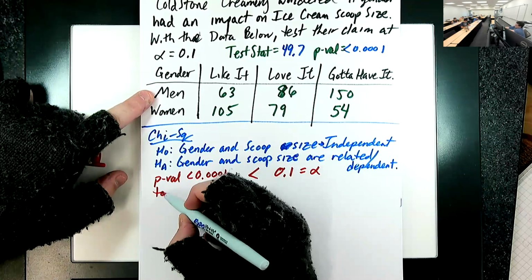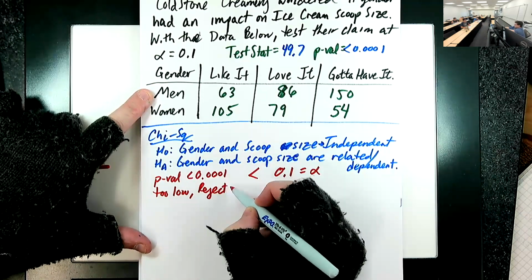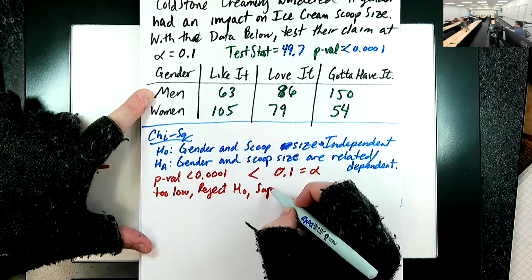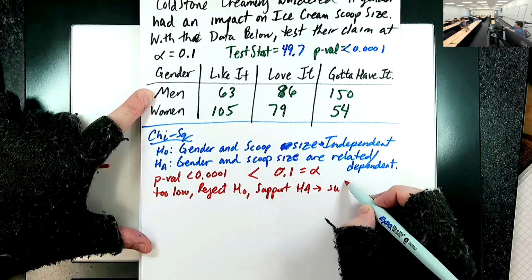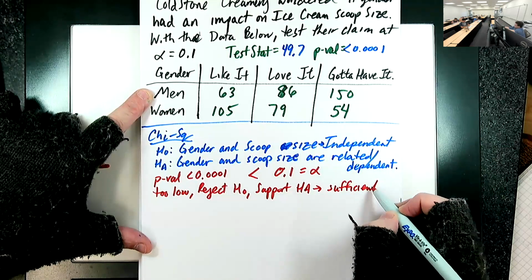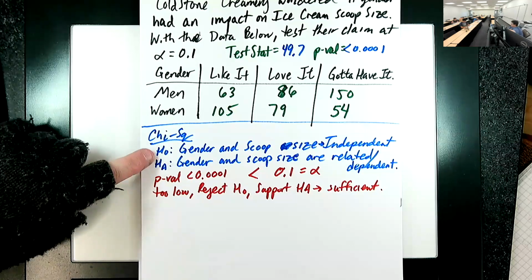P-value's too low, reject H naught. Support HA, which means there's going to be sufficient evidence for HA.